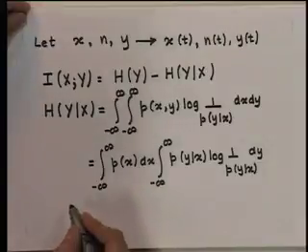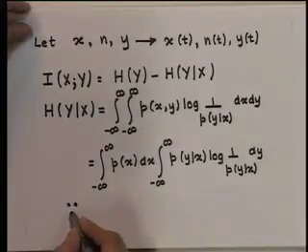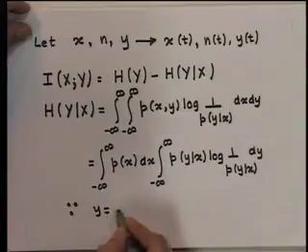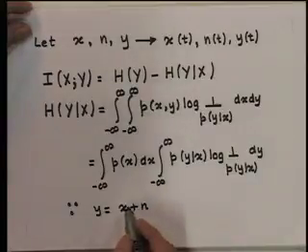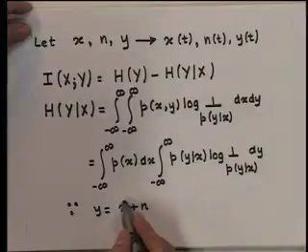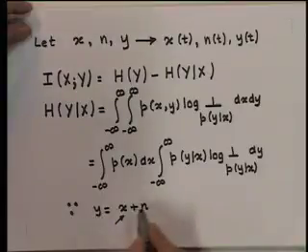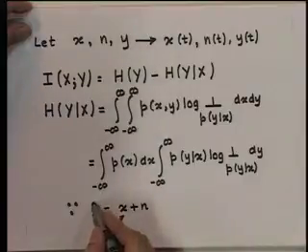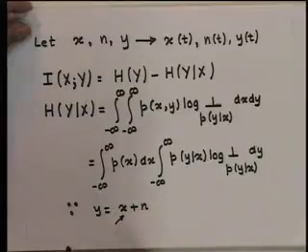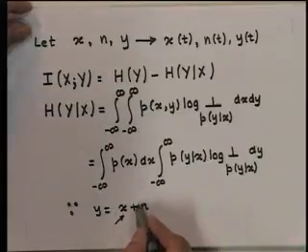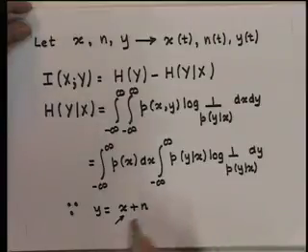Now, because y is equal to x plus n, what it implies is that for a given x, y is equal to n plus a constant x. Hence, the distribution of y when x has a given value is identical to that of n except for a translation by a constant x.